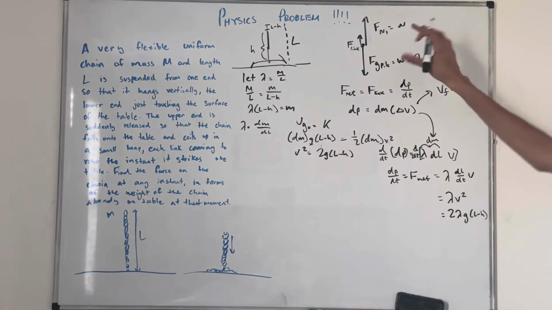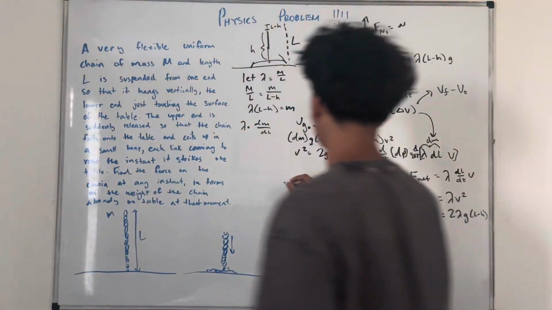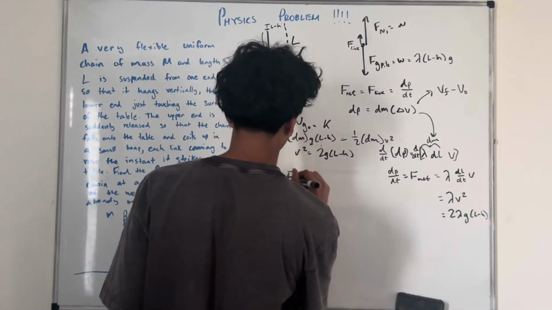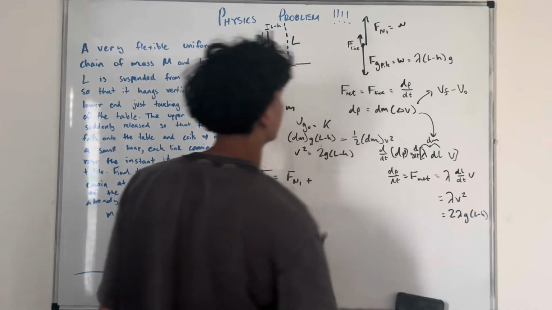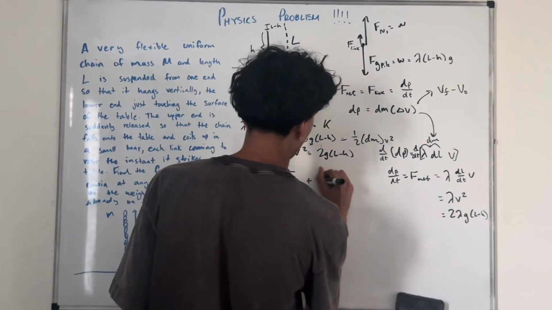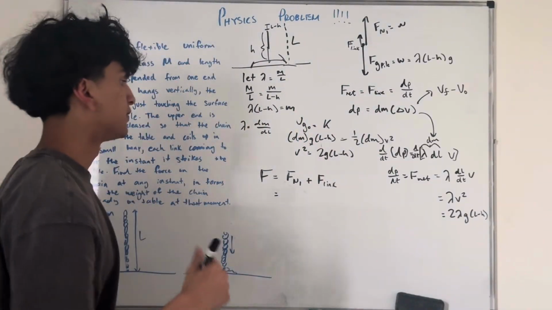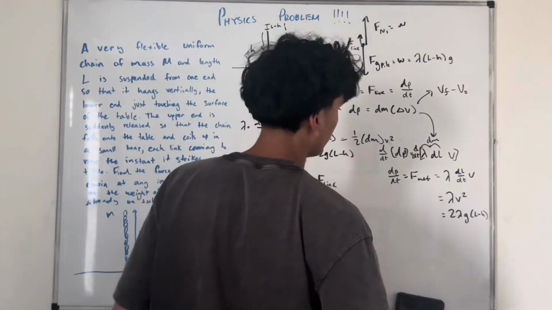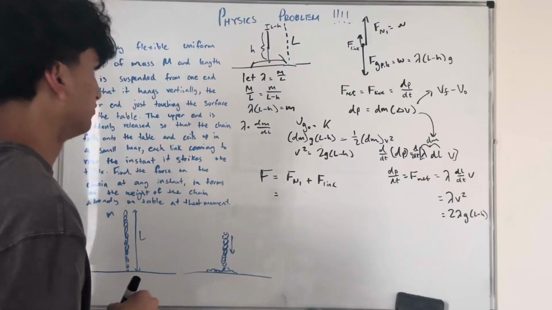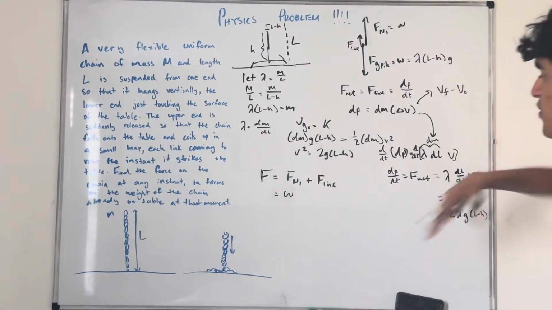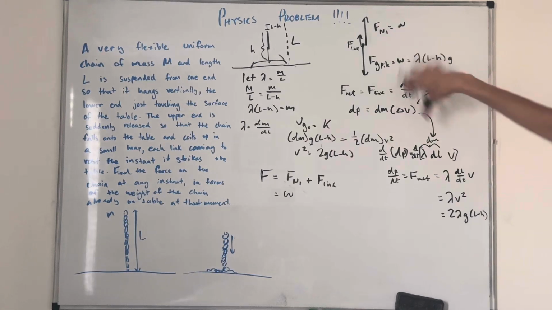So the total force by the table, F, is going to equal Fn1, the balancing weight, plus F link, the force on the link. Fn1 is going to equal weight, just the part of the force that balances out the weight of the pile.